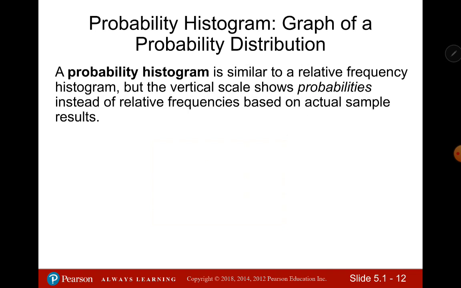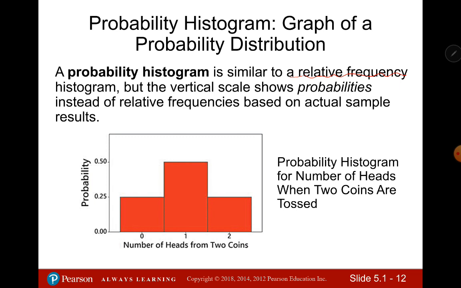We can also use a histogram. The probability histogram is just similar to the relative frequency histogram, but this time the vertical scale we call probability. You check the horizontal axis, and we have a different probability for each value.